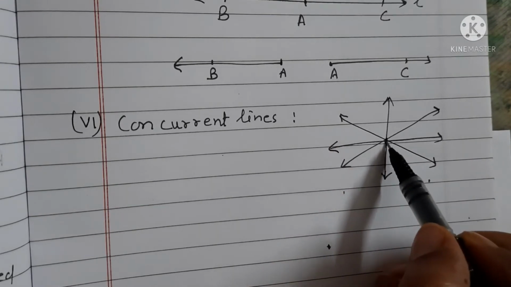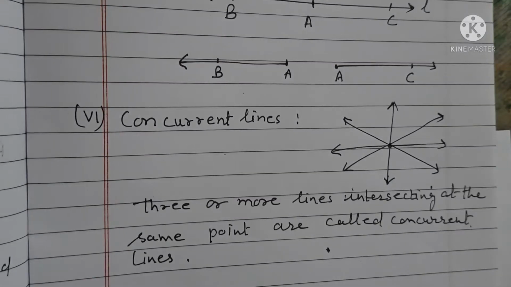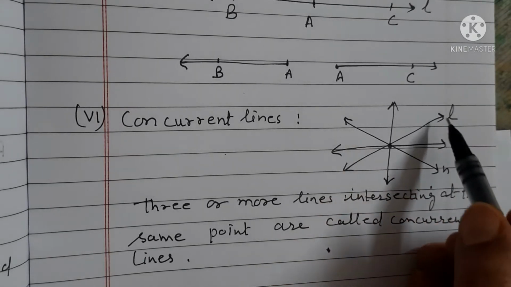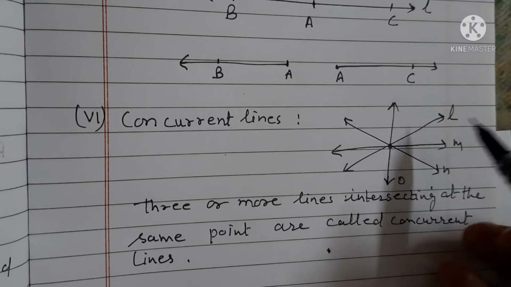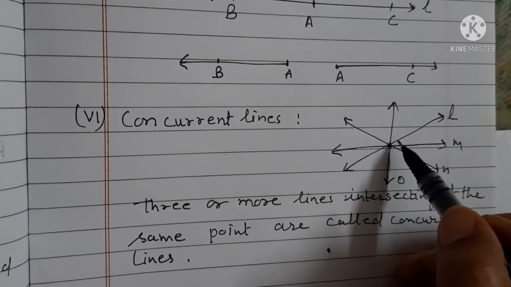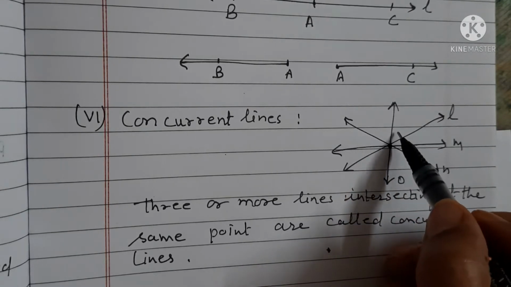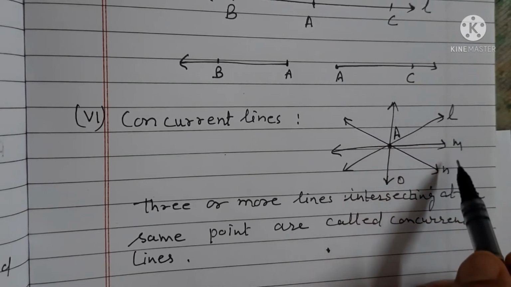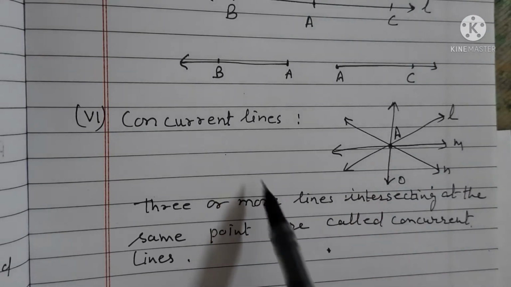Suppose this is L, this is M, N, O, and more than 3, and this is the point of intersection, suppose A. These are the lines, more than 3 lines having same common point of intersection, called concurrent lines.